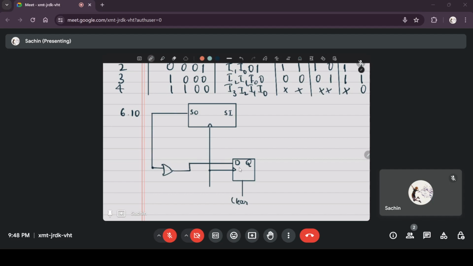So the 2's complement of a number is nothing but the addition of 1 to the complement of the number, the 1's complement of the number. Suppose you have the number 1001. Complement is 0110, and you add a 1 to that, you get 0111.